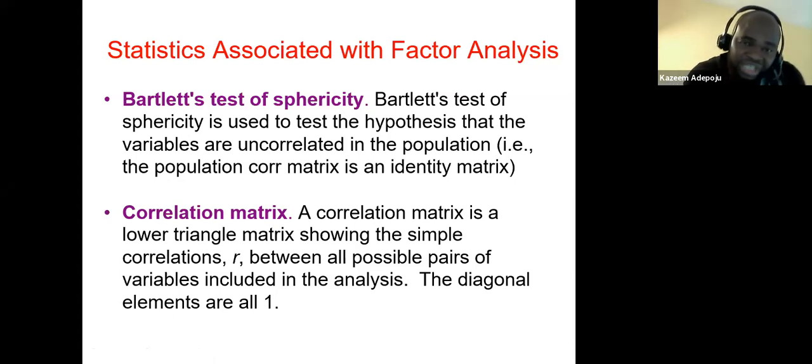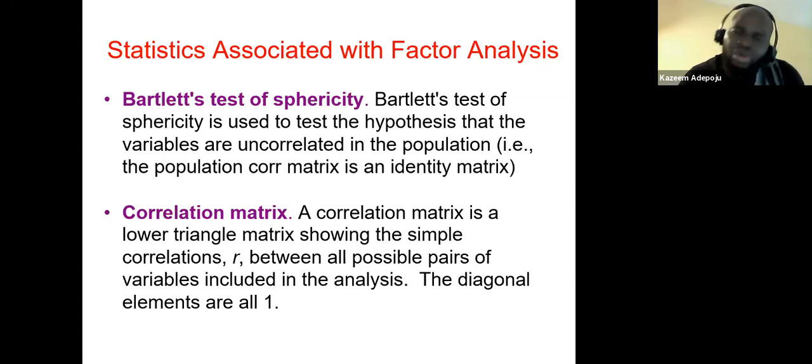Since we're going to be working with a correlation matrix in factor analysis, don't forget that I told you before that more than 90% of researchers in the world that work on factor analysis prefer using a correlation matrix. That is the reason why the Bartlett test of sphericity is based on the correlation matrix.